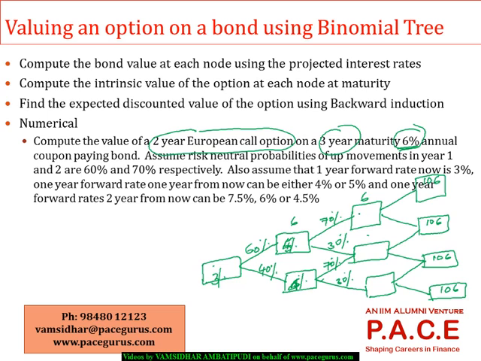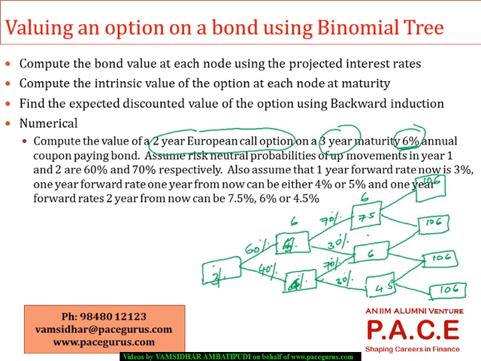The 1 year forward rates 2 years from now are either 7.5, 6, or 4.5. So these are the numbers that we have at the end of each of these periods. Based on this information, I have to compute the value of the 1 year or 2 years European call option.